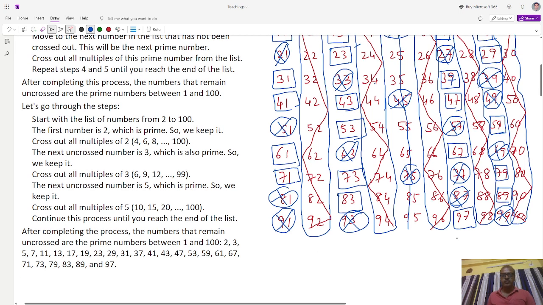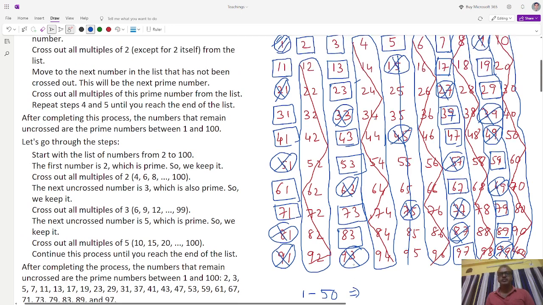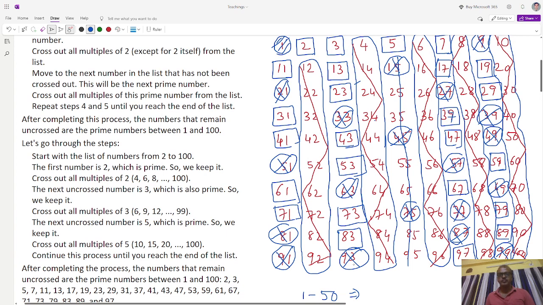So if we count within 1 to 50, how many prime numbers are there? See here, 1, 2, 3, 4, 5, 6, 7, 8, 9, 10, 11, 12, 13, 14, 15.